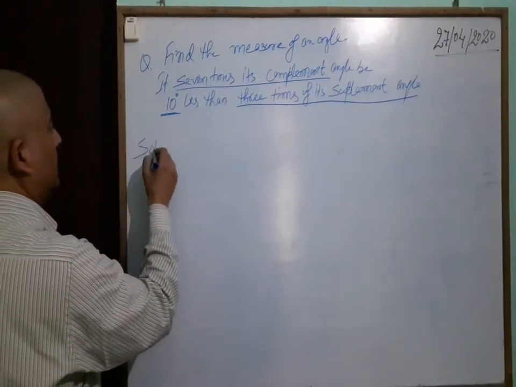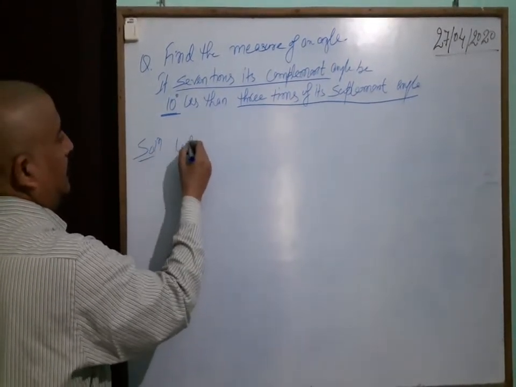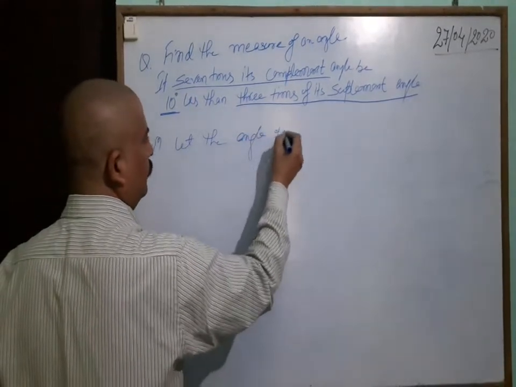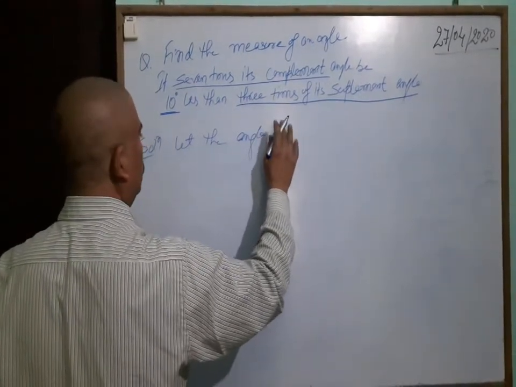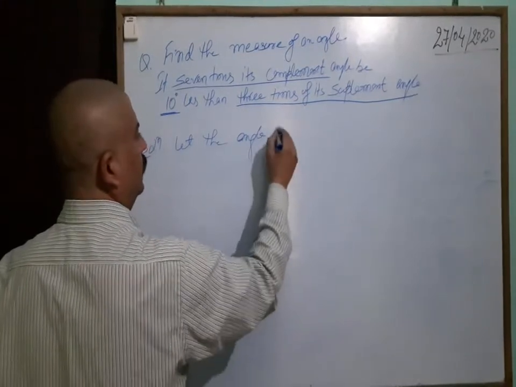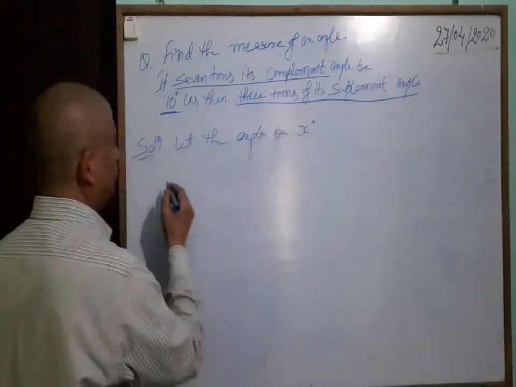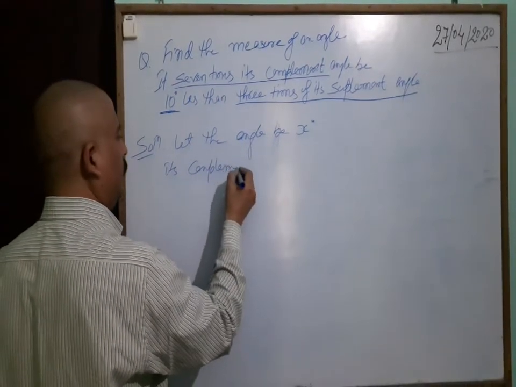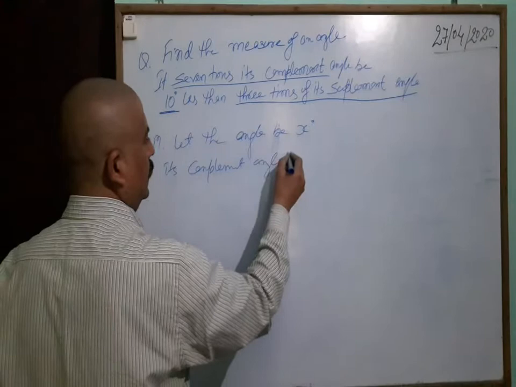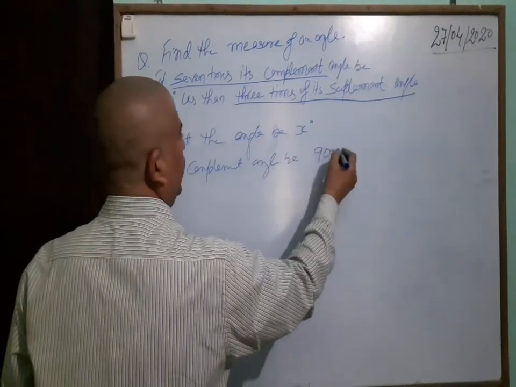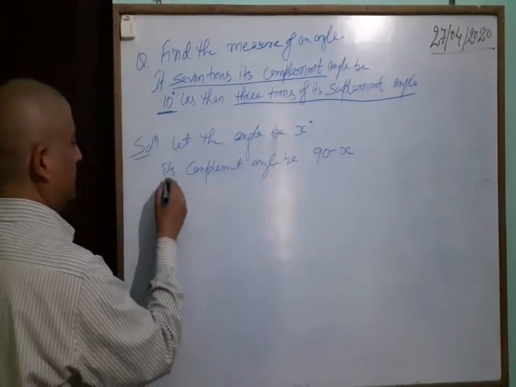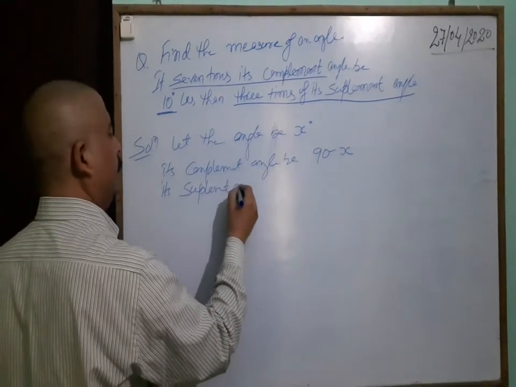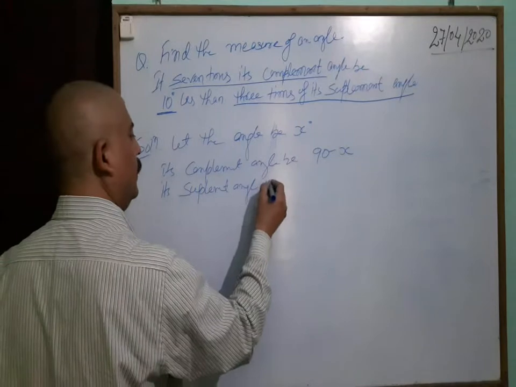Let the angle be x. Its complement angle will be 90 minus x. Its supplement angle is 180 minus x.